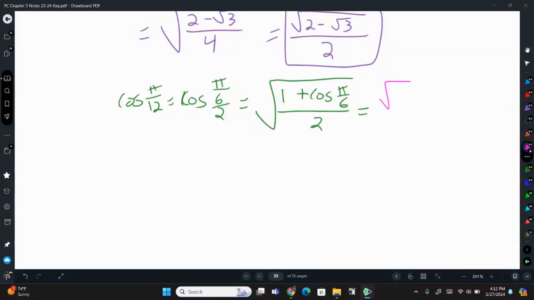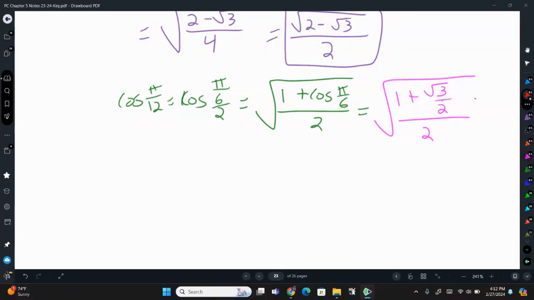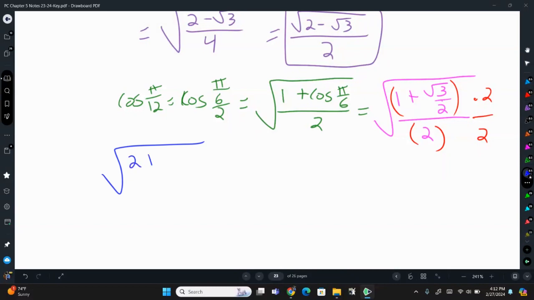So then this equals the square root, let me make a big square root, 1 plus the square root of 3 over 2, all over 2. Multiply the top and bottom by 2. So then we get the square root of 2 plus the square root of 3 over 4. And again, we can only square root the bottom. So it's the same thing in this case as the sine one, except we have a positive inside, 2 plus the square root of 3 instead of 2 minus the square root of 3.